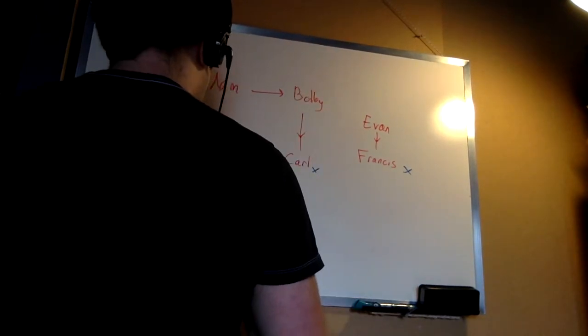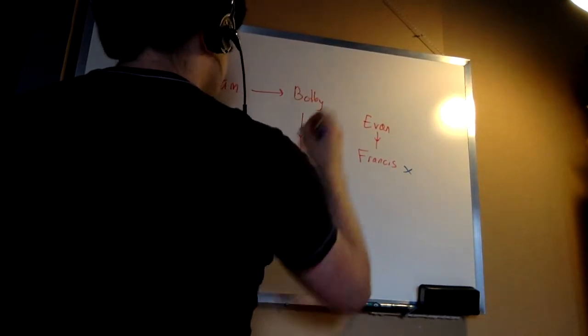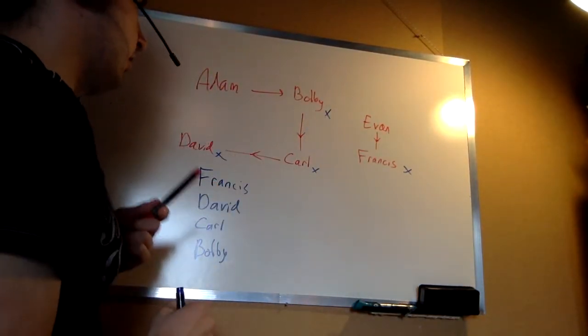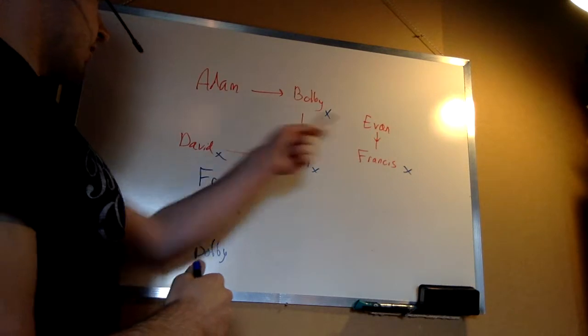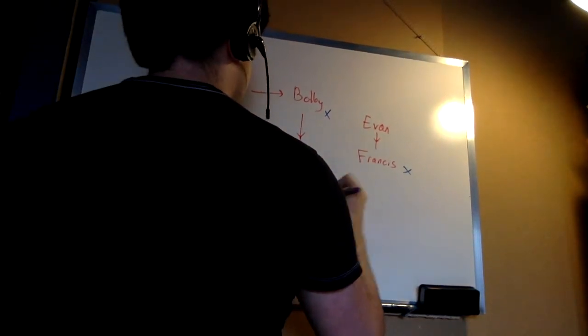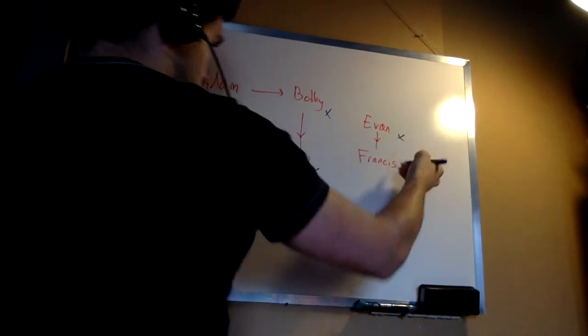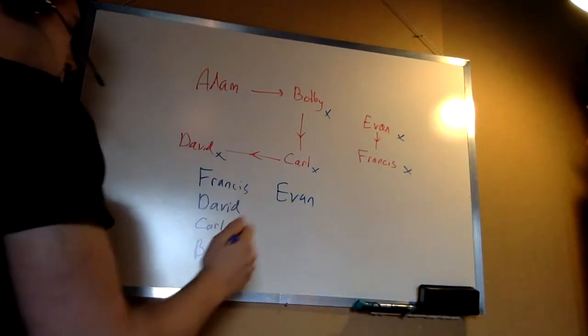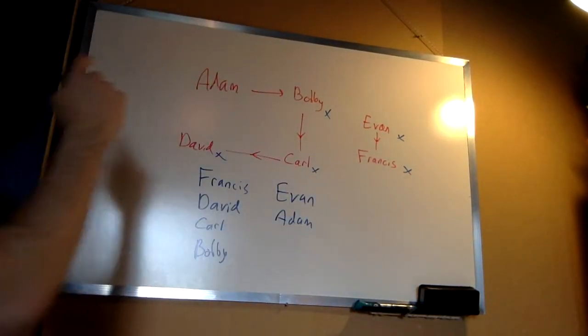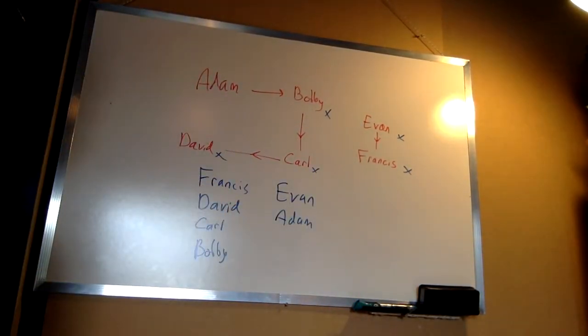Then to Bobby, because of backtracking. Okay, and now we have 2 options of vertices left to start from. Let's say we start from Evan, so we put Evan, and we explore out. Francis has already been visited, so then the last one is Adam. Okay, and now rearranging this, because remember this is flipped.